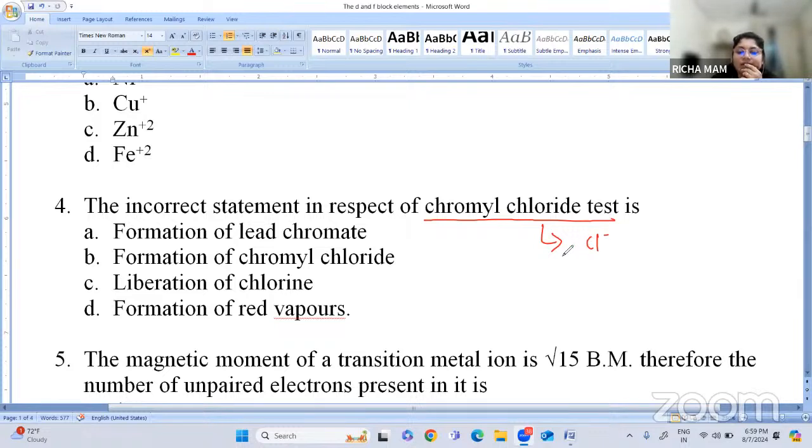Now, what is the test? In a test tube we take a small amount of the salt, add concentrated H2SO4 to it, and then we heat it.